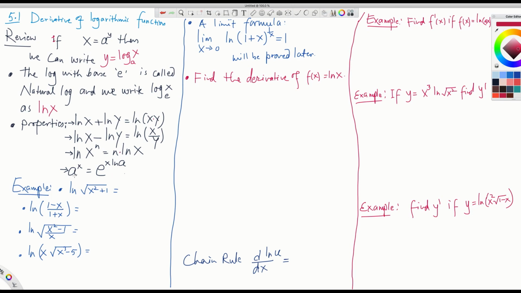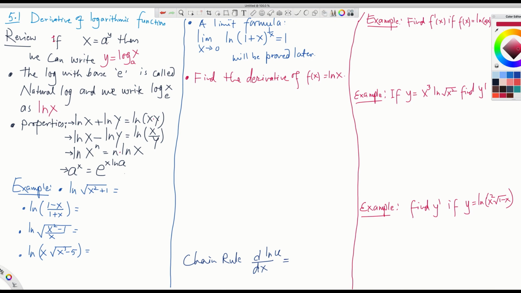And the last property here is a to the x. Any base a to the x can be written as, again, a must be positive, a to the x can be written as e to the x natural log of a. If you want to change the base a to base e, then you can write e to the x ln a. What is e? e is an irrational number whose value is almost 2.7.